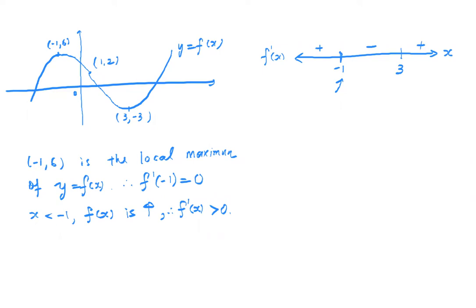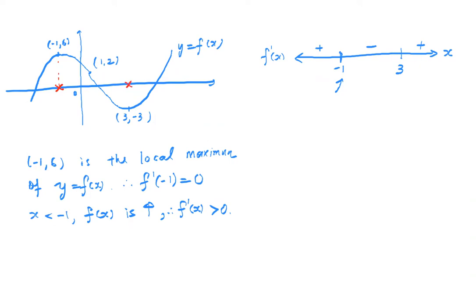Okay, so now based on the f prime x, I want to draw the sign diagram. I want to draw the fx, f prime x. So I know that it will pass by this point. So I make a mark. It will pass by this point. I make a mark.